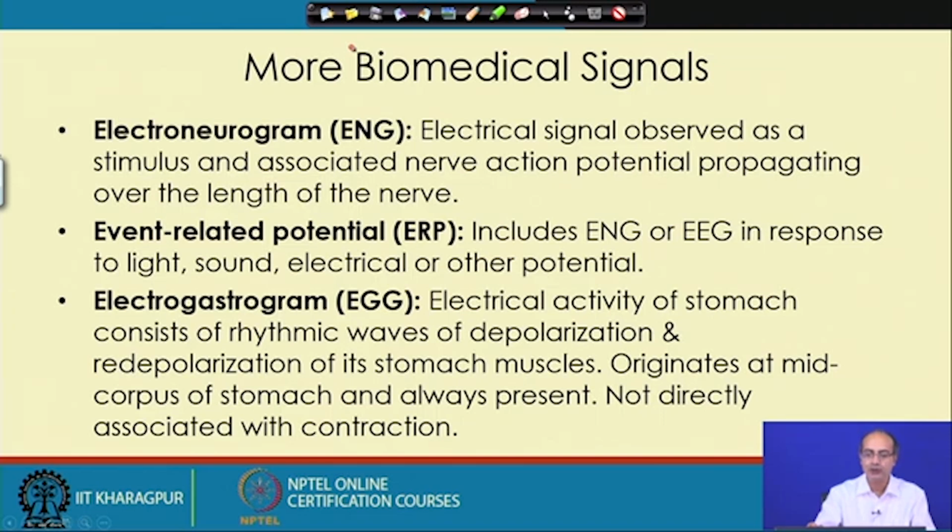We can get the event related potential or ERP in EEG or ENG.